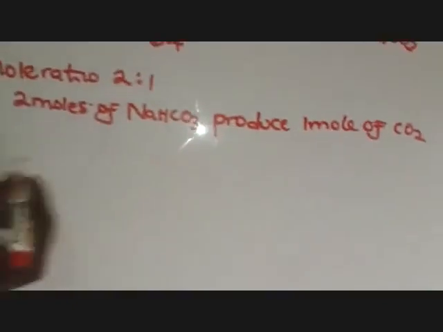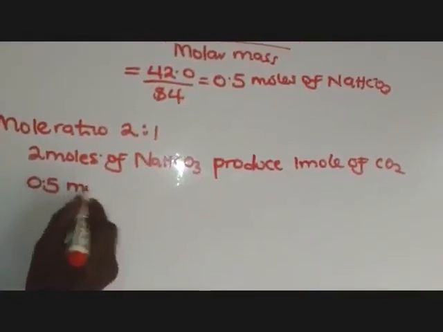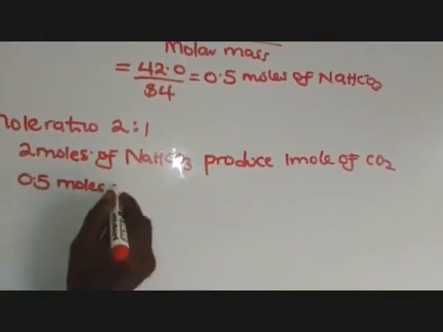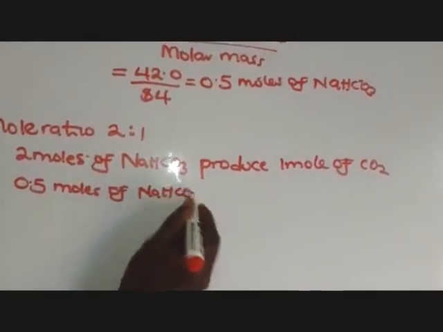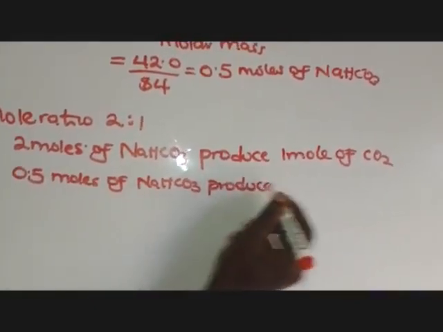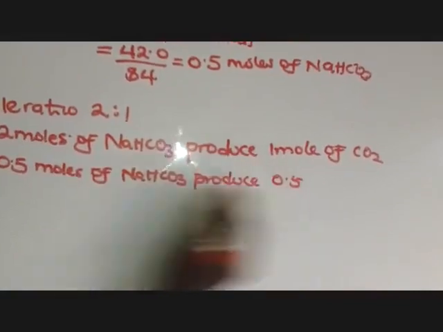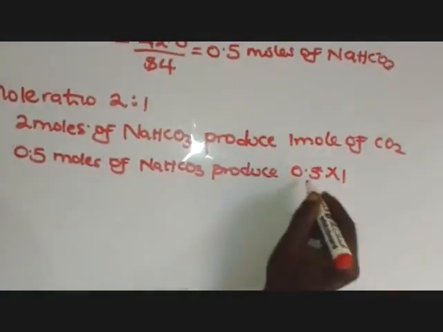Now what about the other moles which you have calculated of sodium hydrogen carbonate? Those moles produce, then we are going to cross multiply. That is 0.5, this one here, times the 1 there, divided by this 2 this side.